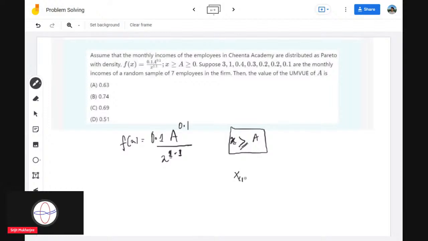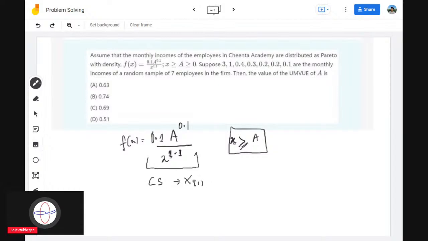Minimum. Yes, so it's the minimum. The complete sufficient statistic, we can show that this is the minimum. Complete sufficient is the minimum, okay? You can show that.